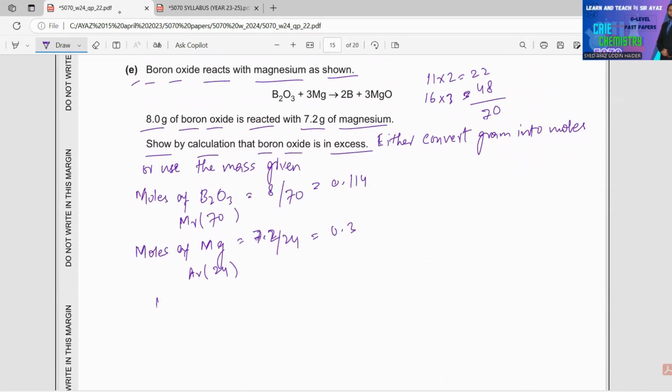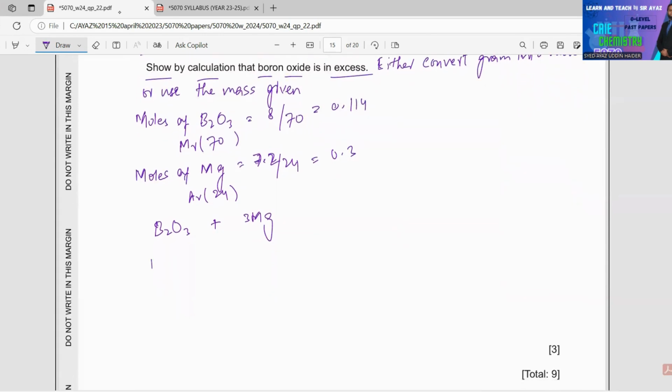In the reaction, B2O3 plus 3 Mg, which means 1 mole reacts with 3 moles of Mg. Therefore, 0.114 mole reacts with X mole of Mg.